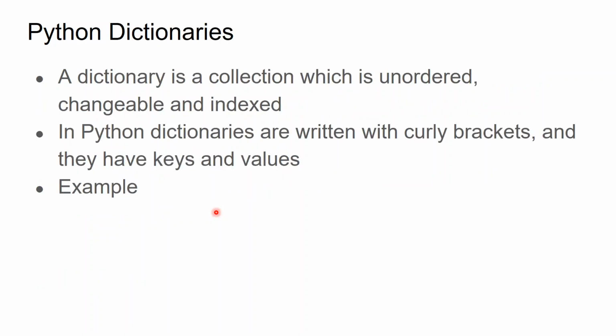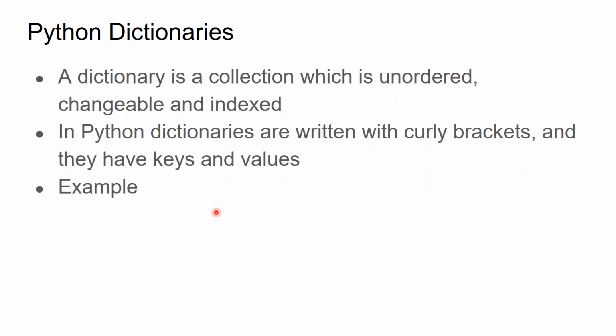The dictionary is also important in Python because it will be used in the pandas package or in some series lists. So we have to know what a dictionary is.